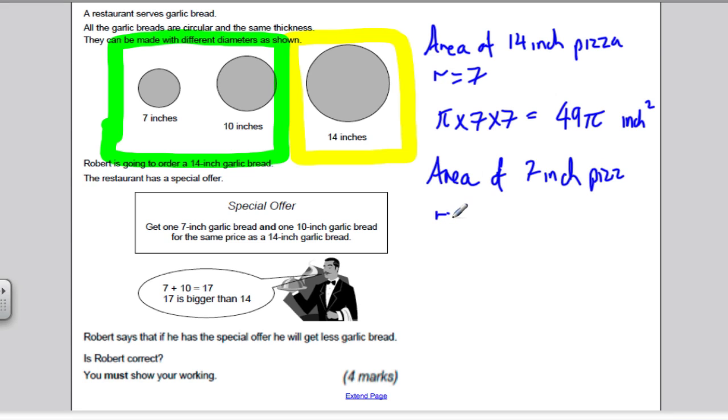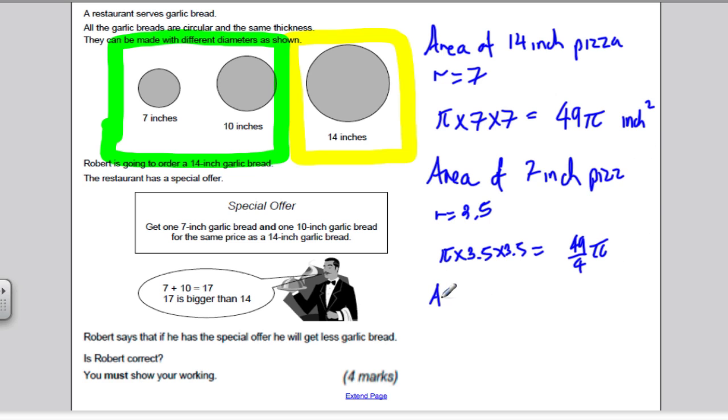Well, r this time is 3.5, so we do pi times 3.5 times 3.5, and you would get 49 over 4 pi inches squared.